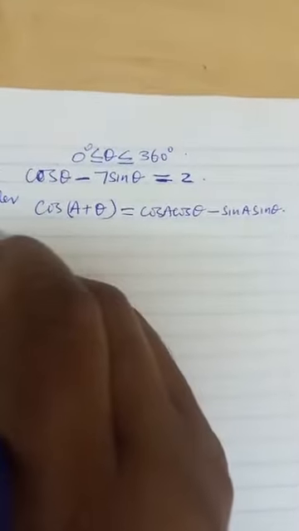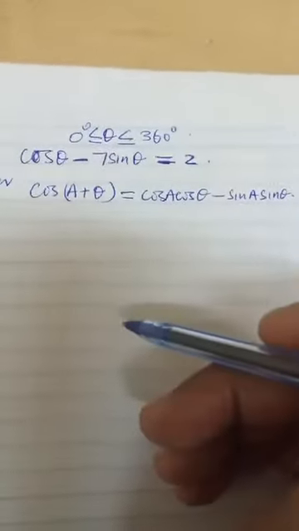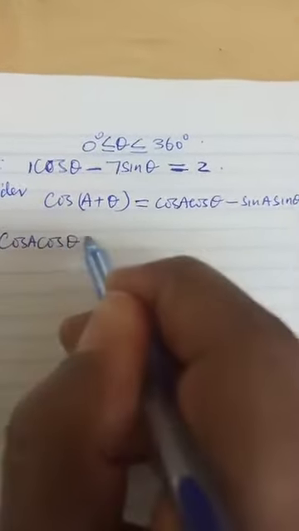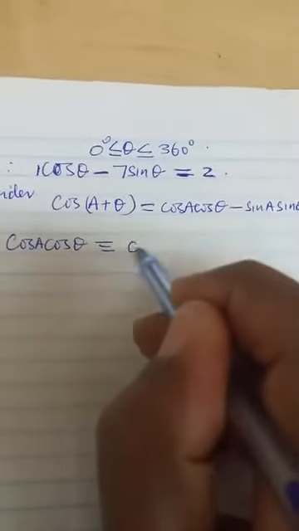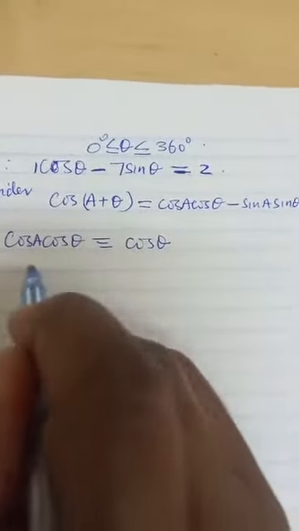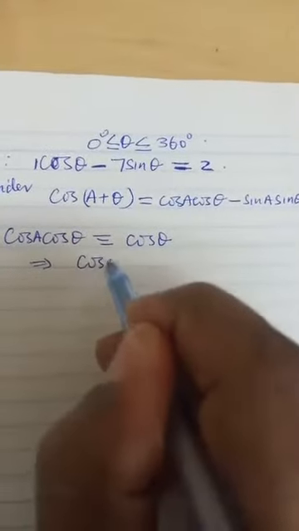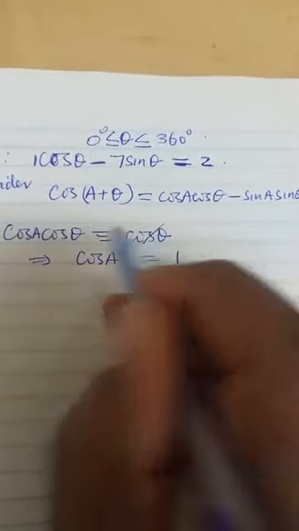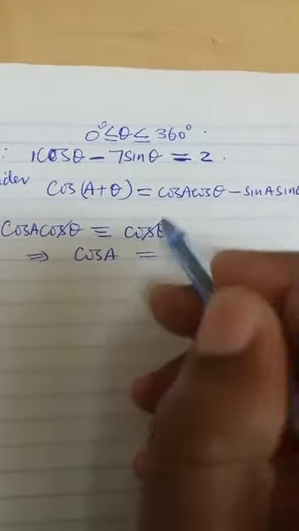Now, if we look at this and compare it with what we have, we have a coefficient here of 1, which is silent. It would imply that cos A, cos theta, is equivalent to cos theta, implying therefore that our cos of A would be equal to 1, because this would be divided through both sides.